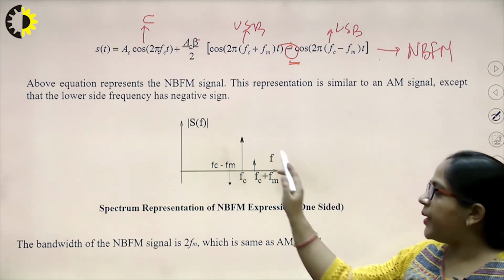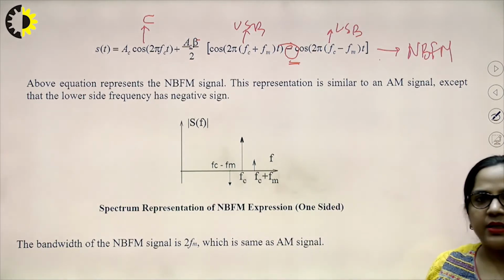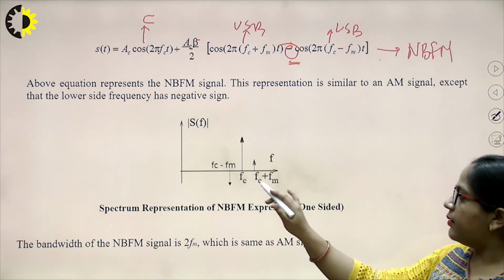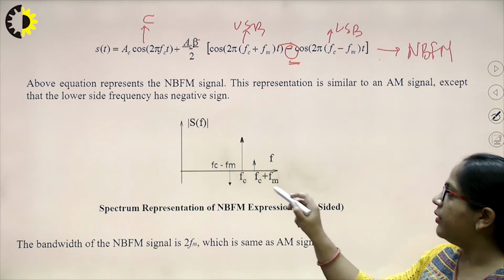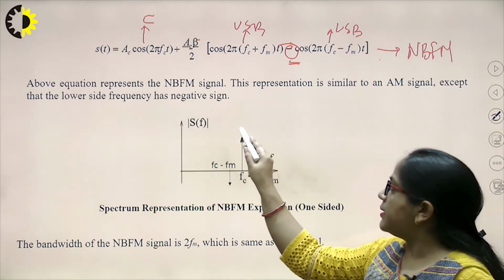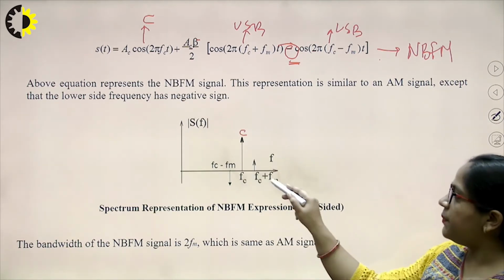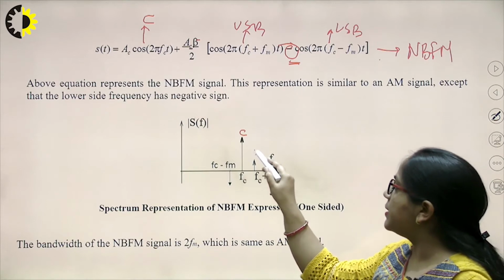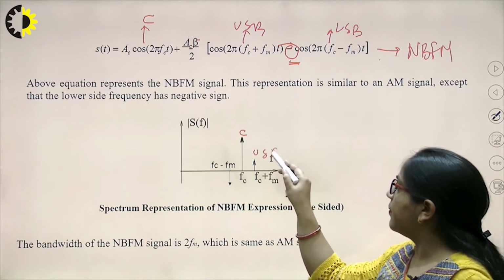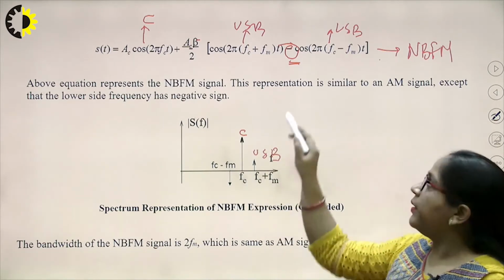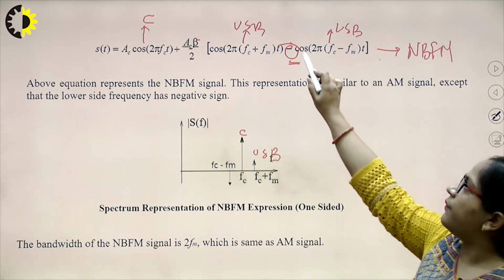Here we have the spectrum representation of the NBFM signal. It is a one-sided spectrum representation, where this indicates the carrier, Fc plus Fm indicates the upper sideband, and Fc minus Fm is the lower sideband, where we have a negative sign.